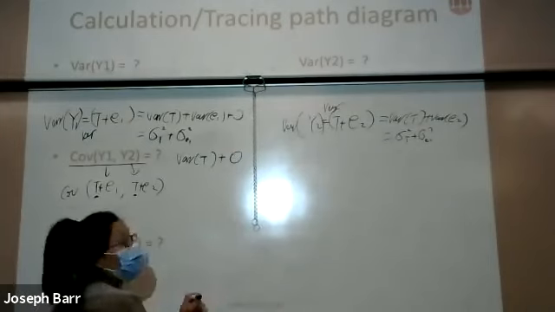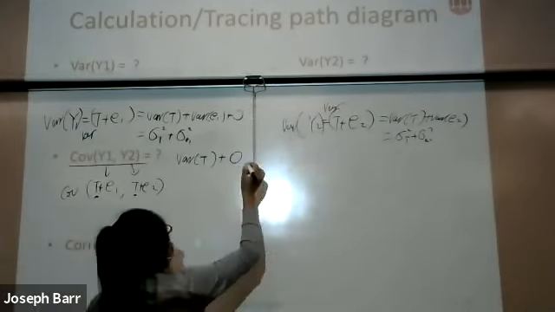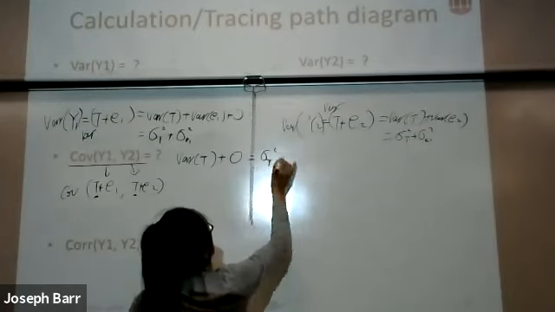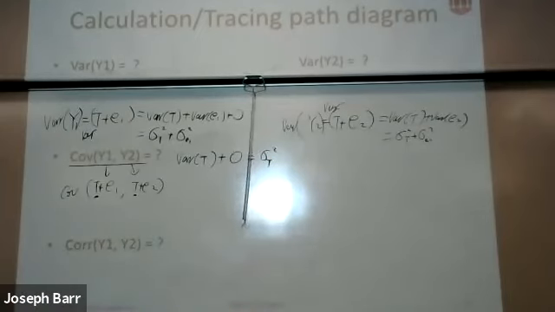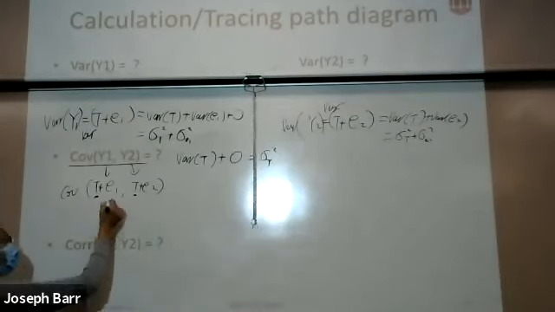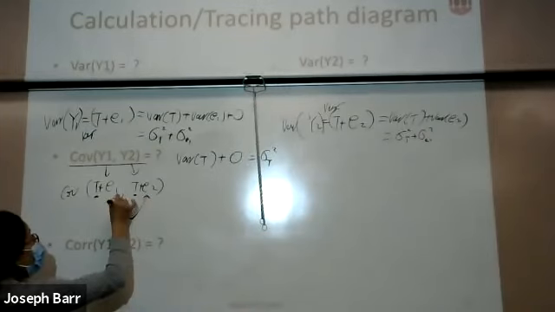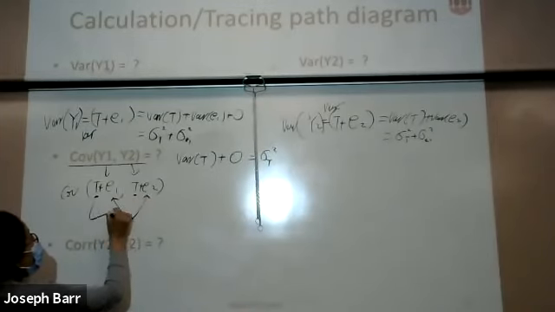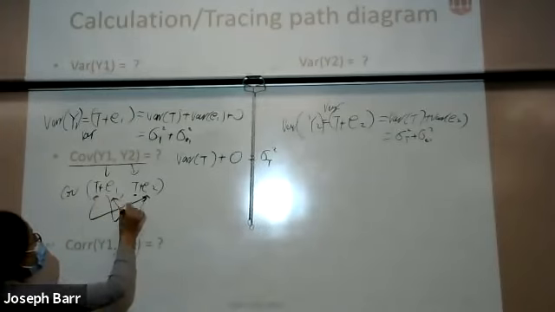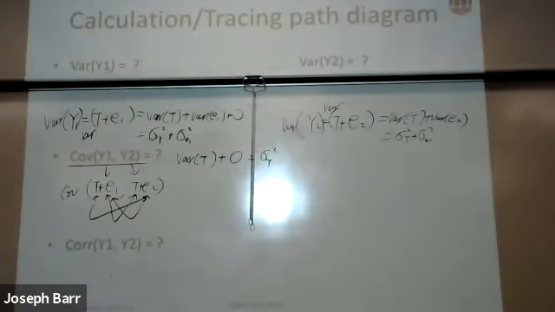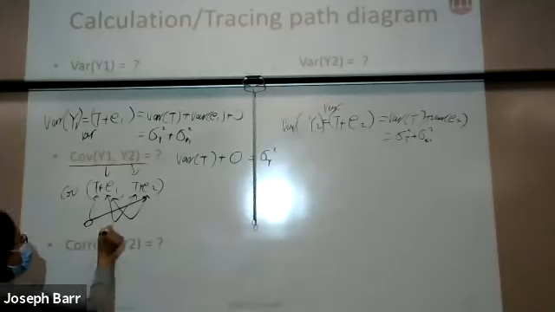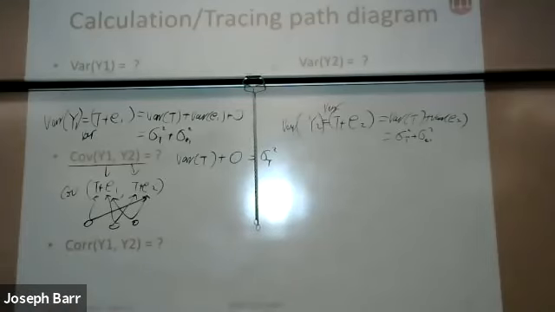Then that's it. This is just sigma T squared, because we assume that these pairs are independent. So all of these are independent, so we don't have the covariance part. We only have the variance part.